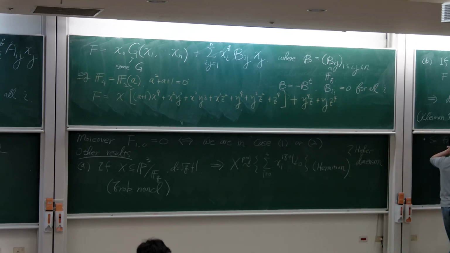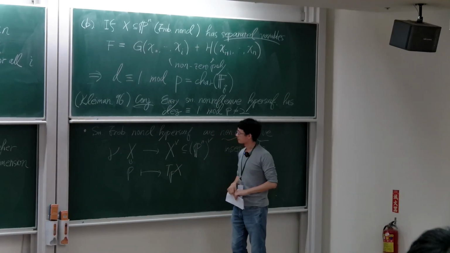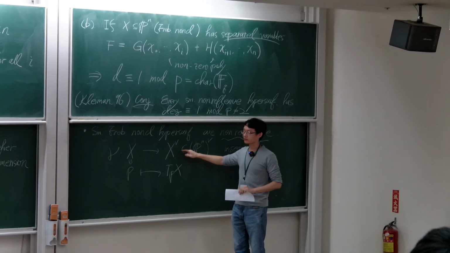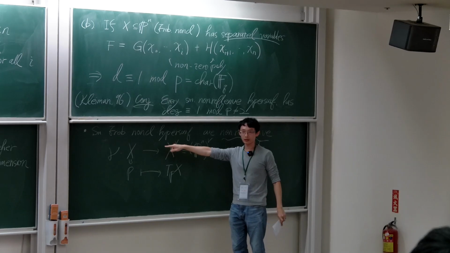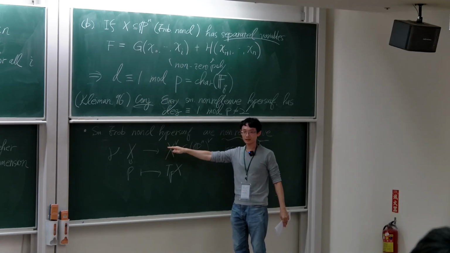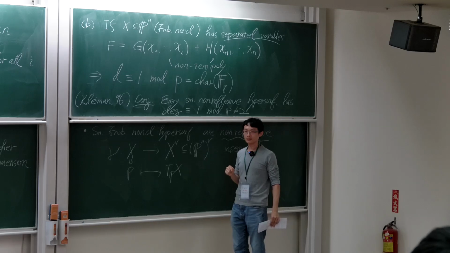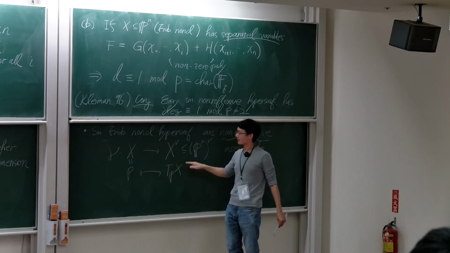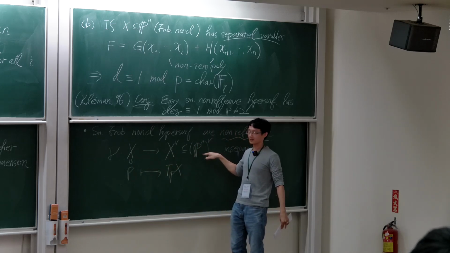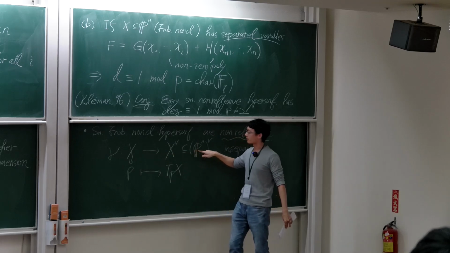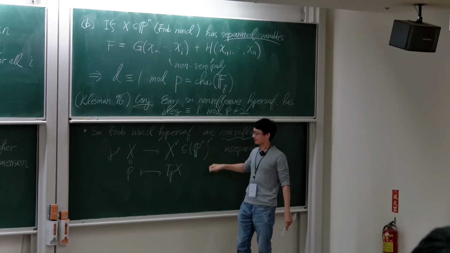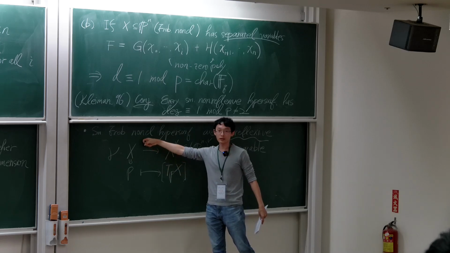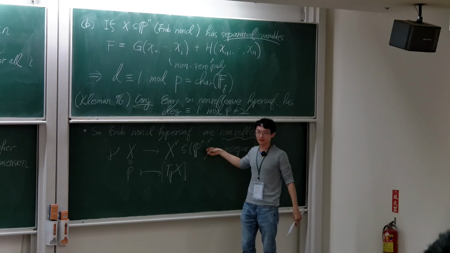X check, as a set, is the collection of all tangent hyperplanes of X. It is the image of this Gauss map into the dual space. A tangent hyperplane is a hyperplane in the original projective space Pn, so it's a point in the dual space.